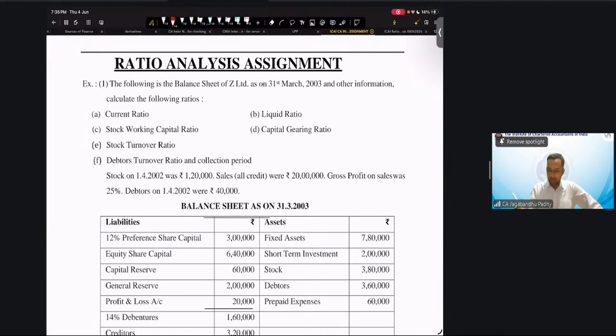Okay, so following is the balance sheet of Z Limited as on 31st March 2003 and other information. Calculate the following ratios. So first thing is current ratio, then you have liquid ratio, stock working capital ratio, capital gearing ratio, stock turnover ratio, debtors turnover ratio, and collection period.